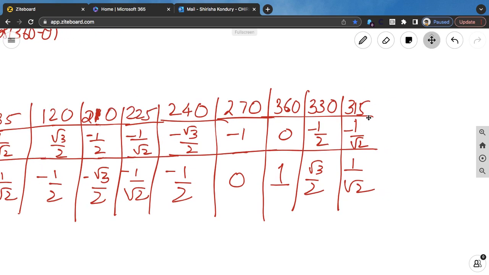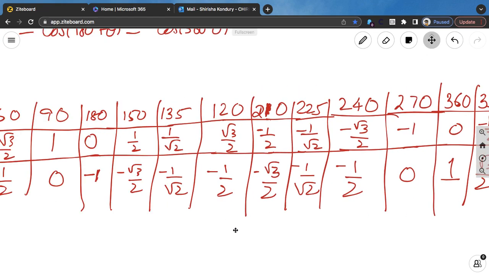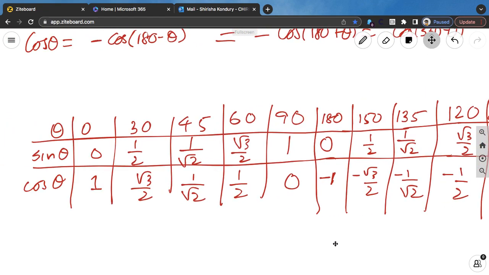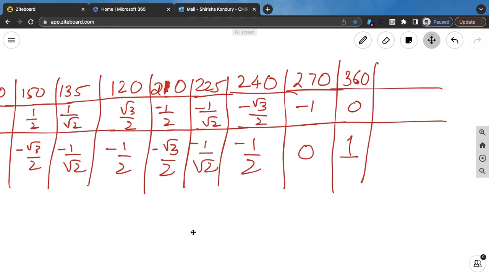And I know 360 minus 60. So do you see, if I know the values in the first quadrant, I know the values in all the four quadrants.